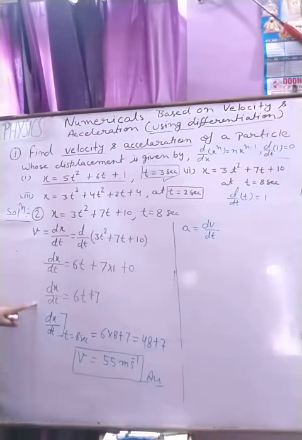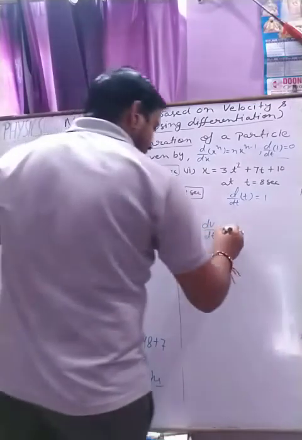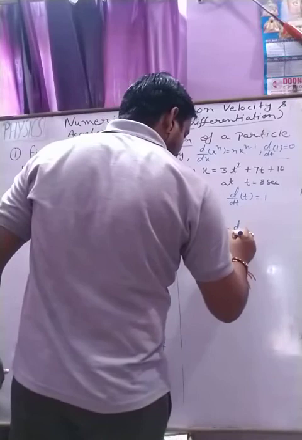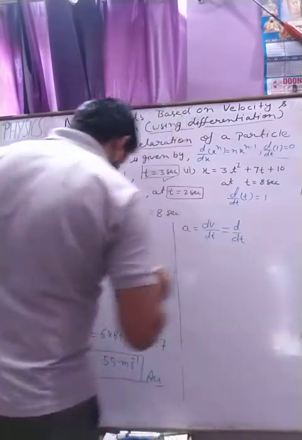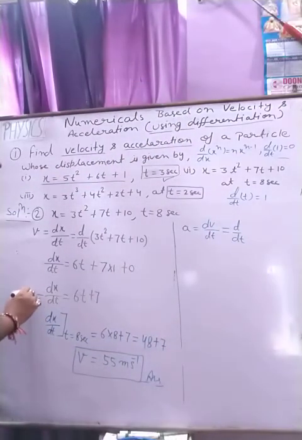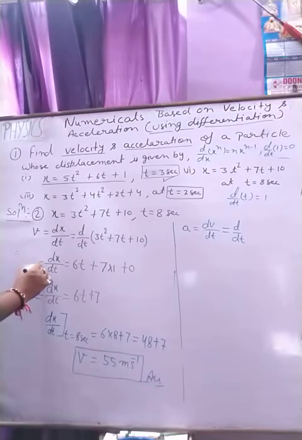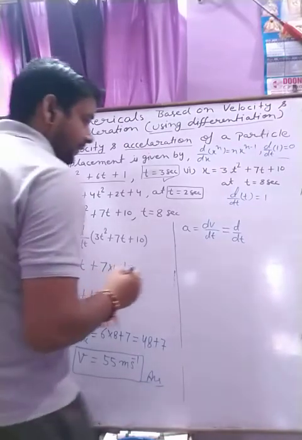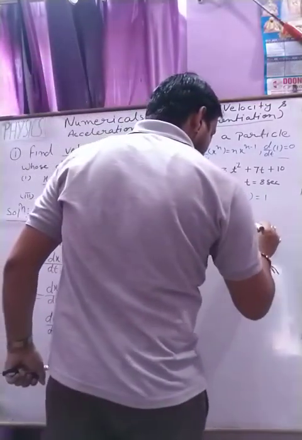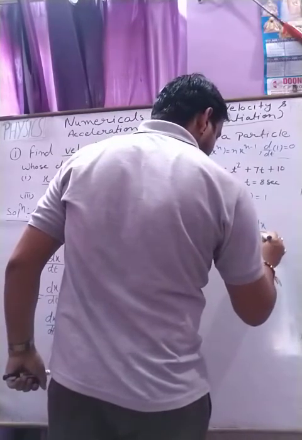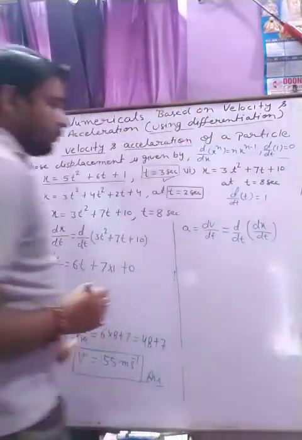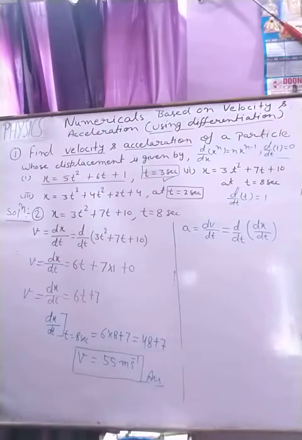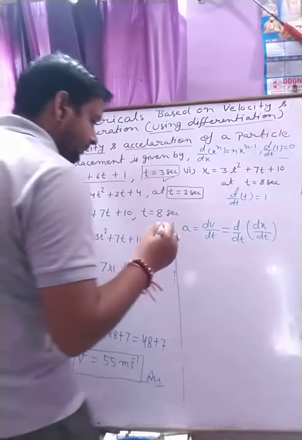So the answer is v is this, so we use the value of d over dt, and the value of v is dx over dt. Now what is the value of dx over dt? So the answer is dx over dt is 6t plus 7.